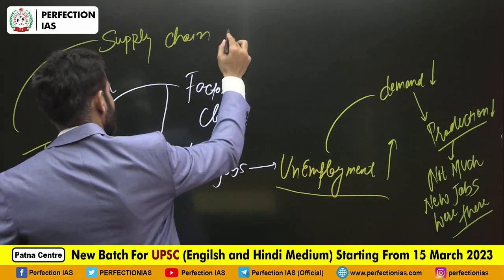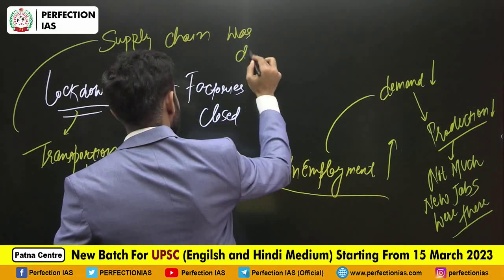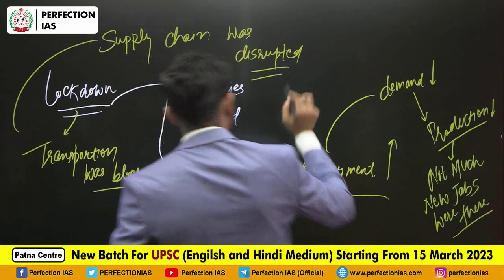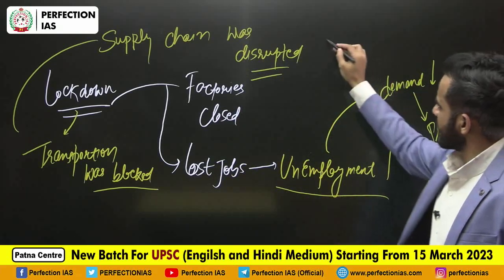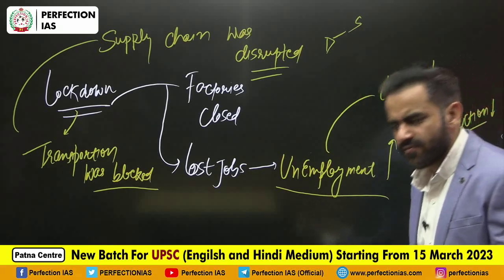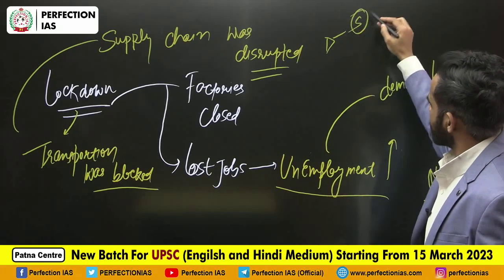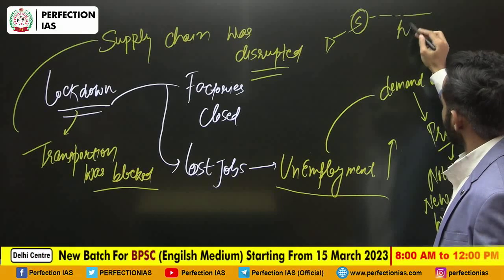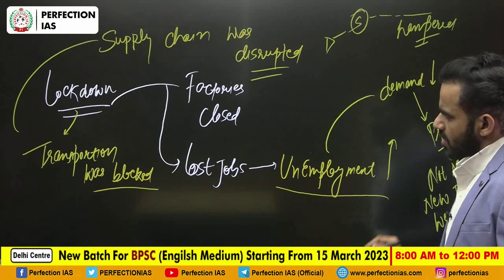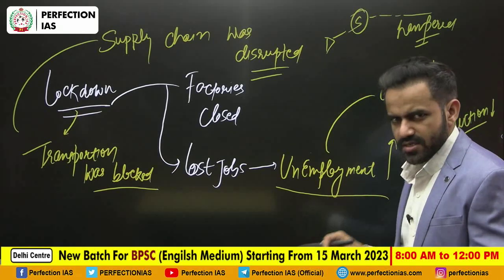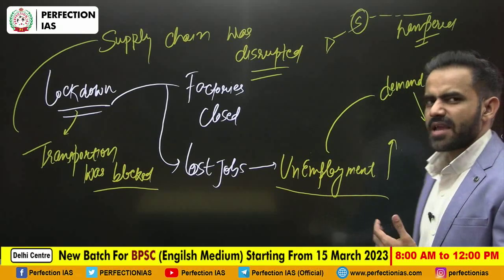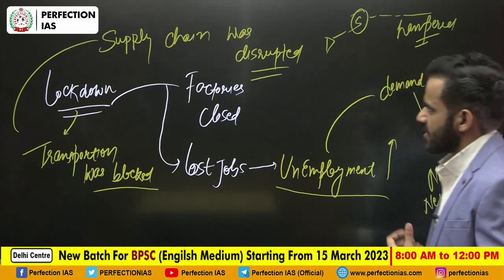Since the supply chain was disrupted, whatever demand was there was not being fulfilled by the supply. Why so? Because supply was hampered due to lockdown. The transportation sector was facing problems. Therefore, supply was very limited, and that is why there was inflation.